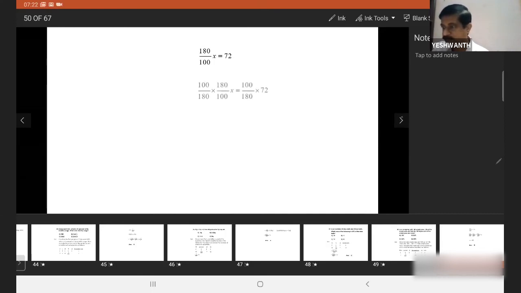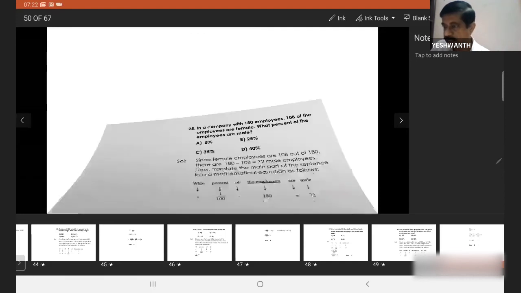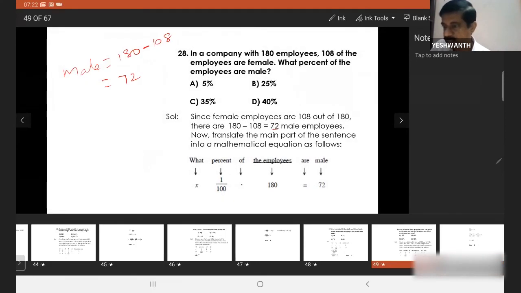So 72, it's like this. We'll go like this. Instead of this process, we'll follow another process. So it is like this. Male employees by total number of employees into 100 equal to percentage. Okay. So now male employees is what? 72 by total number of employees, 180, into 100.